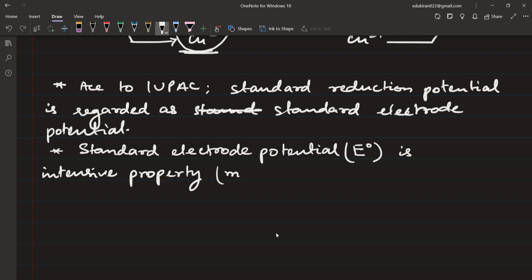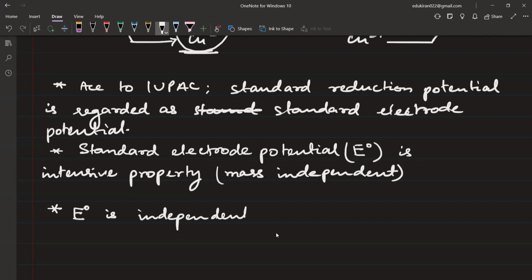That means it is mass independent. Right, next point. Standard electrode potential E naught is independent of shape, size, and mass of that electrode.